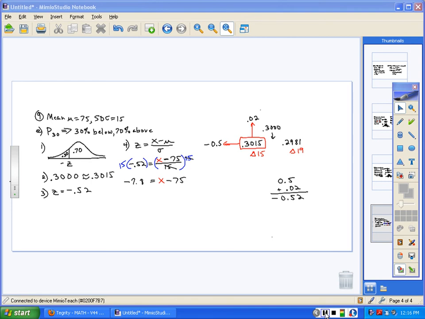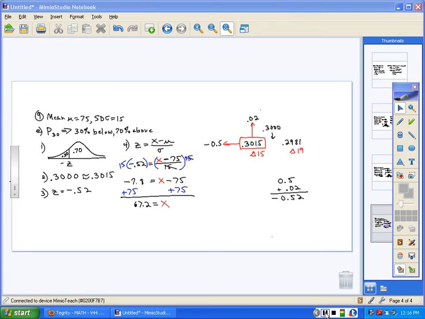And now to solve for x, you will add 75 to both sides of the equation. And when you do that, you get 67.2. 67.2 is equal to x. It's the only algebra we do the entire semester.